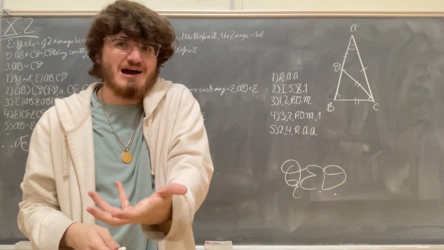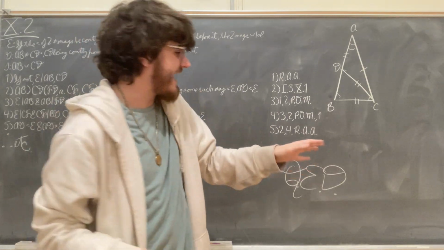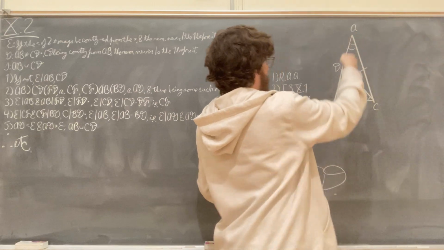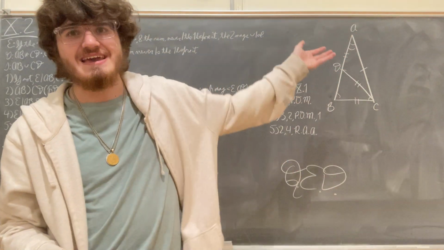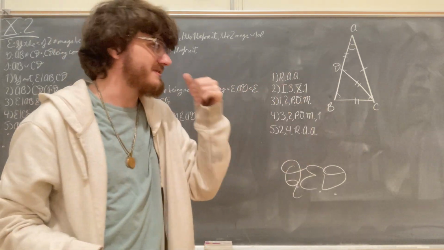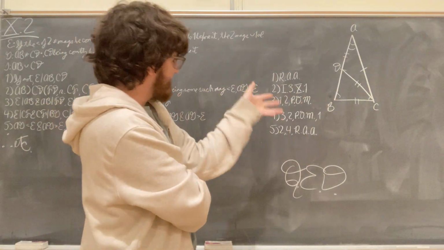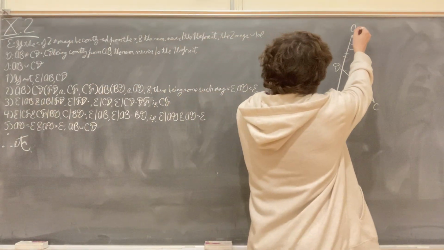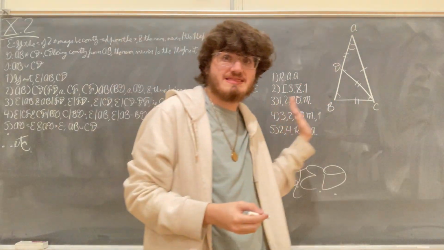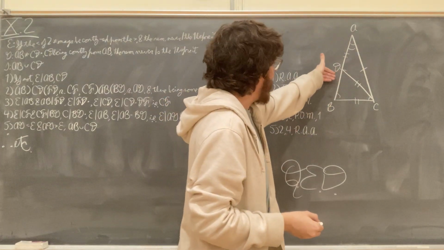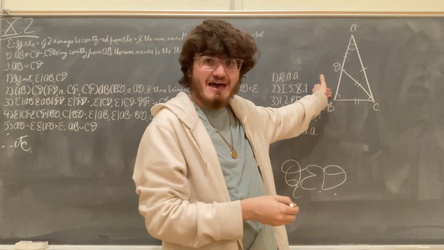You can probably work that out on your own, but it has something to do with the fact that the base angles are double the remaining angle. But the point is that DC is equal to AD and the base BC. So what this is going to tell us is that we're going to measure AB with BC, but we're going to have some remainder DB, which is left over.